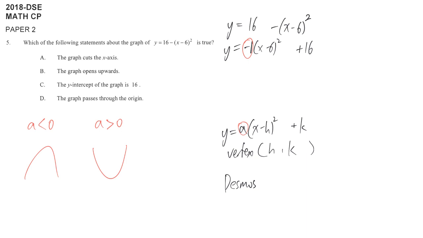After that, the key point of vertex form is that the variable x is locked inside a square bracket, and this square bracket will create a minimum or maximum. In this case, we are talking about a maximum point.